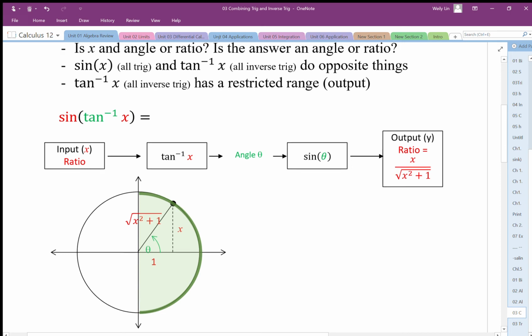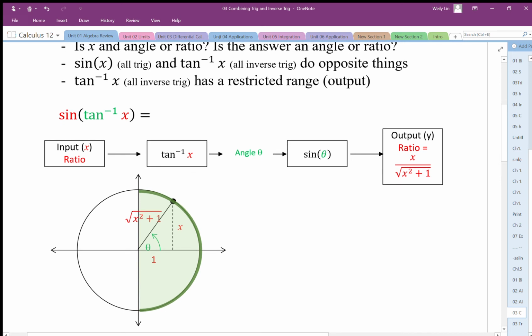But the inverse tan function is only defined on this side to make it a function. So when we're going to solve this problem, we start with our ratio. So we draw in our ratio, we complete our triangle, and that gives us our angle here. So it establishes our angle. Based on this angle, we want the sine ratio. So we want the opposite side to the hypotenuse. So the answer then is going to be x over square root of x squared plus 1.